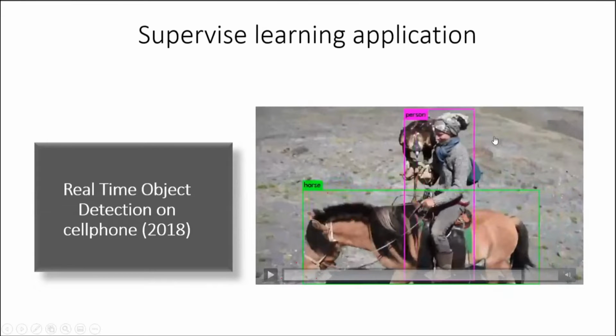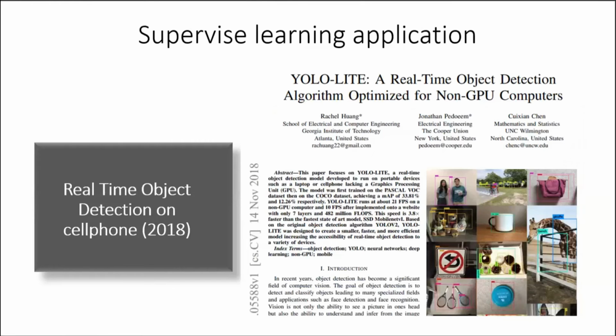It scans the whole image and detects there is an object here. What is the object? It uses supervised learning to classify this as a horse. Another object is found here. What is it? It is a person, and so on. So we use supervised learning. These are YOLO Lite, meaning a bit simpler. This is the paper. YOLO is from about 2018. It's a new thing. You can identify many things.